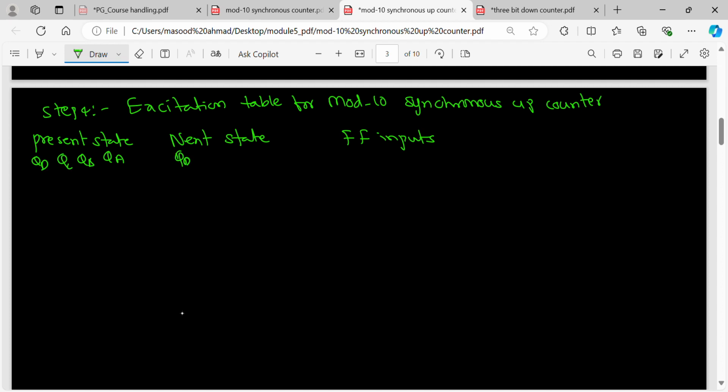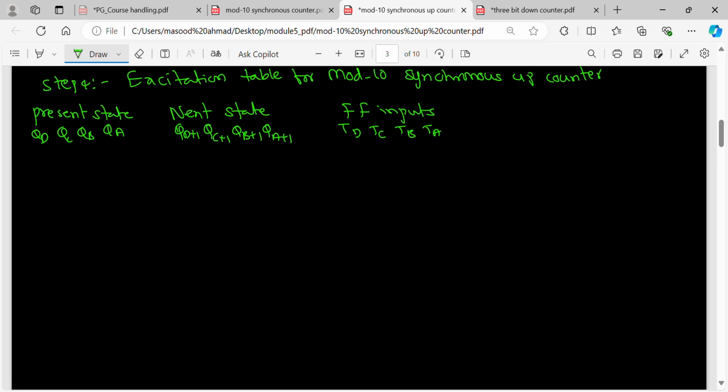Next state is QD plus 1, QC plus 1, QB plus 1, QA plus 1. Then we are going to look for TD, TC, TB, TA. Once this is done, then we are going to get the expressions for TA, TB, TC and TD.